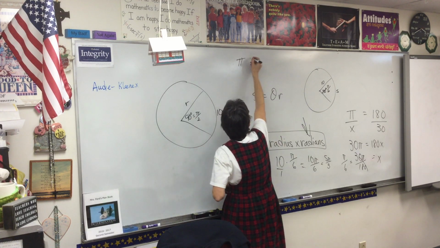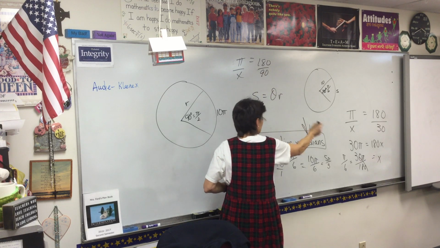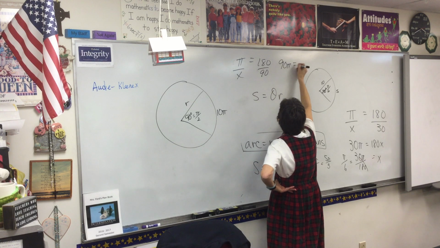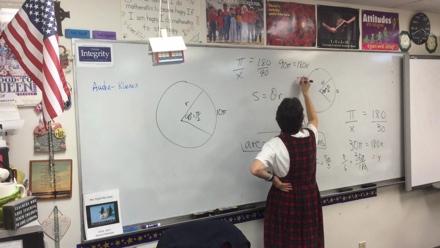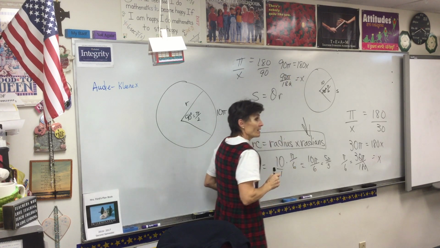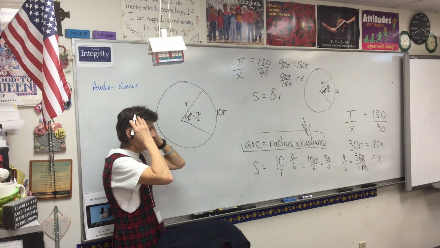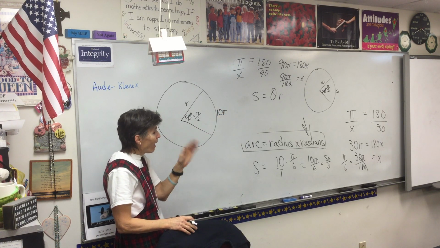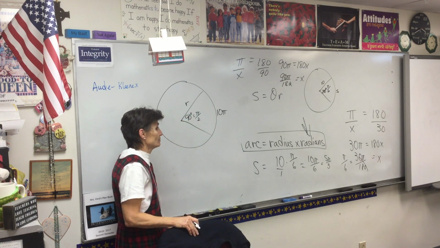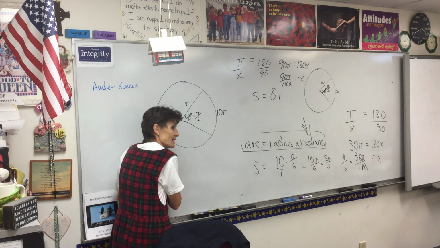But you could do this. You could say pi is 180, so what's 90? Just like we did that one. You could do that work. You get 90 pi equals 180x, so x equals 90 pi over 180, which is pi over 2. Again, you don't have to do that work. You can logic it out. If pi is 180, then 90 is going to be half of that. Okay, what's my formula say?